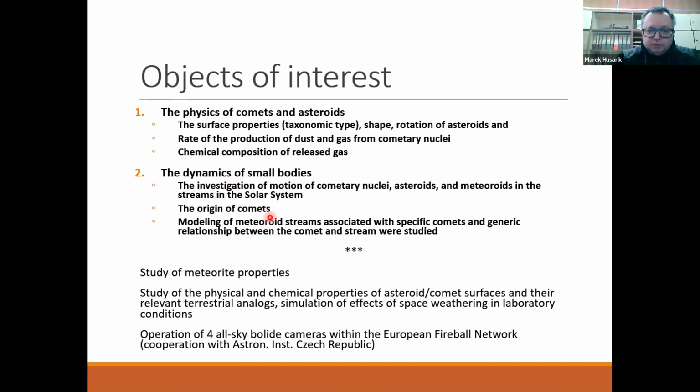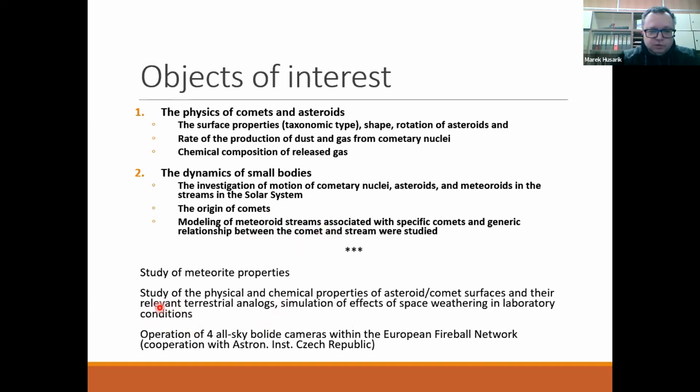This part is mainly theoretical, and the colleagues here investigate the motion of cometary nuclei and asteroids over the solar system, and they model meteoroid streams and try to find parent bodies.